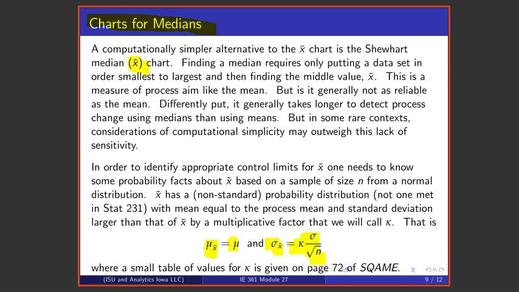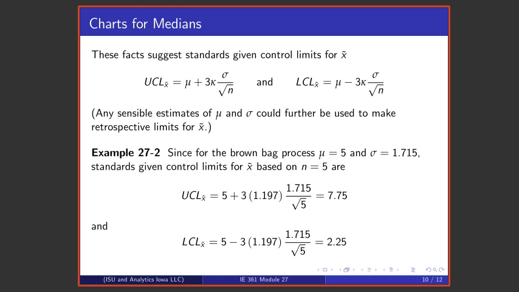There's a table of values for kappa given in the Vardeman and Jobe text that basically make that sigma over root n a bit bigger, because medians are more variable than are means when sampling from a normal distribution.